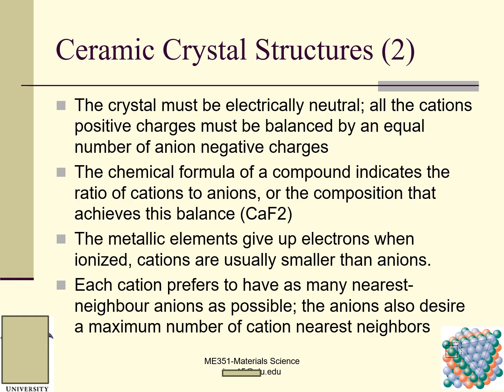The crystal must be electrically neutral. We know it must be electrically neutral. Otherwise, the crystal still has a tendency to have chemical reactions with the neighboring elements if there is a chance. All the cations' positive charges must be balanced by an equal number of anions' negative charges.